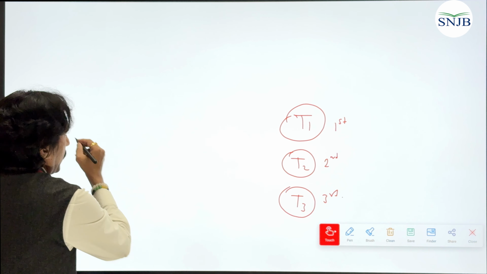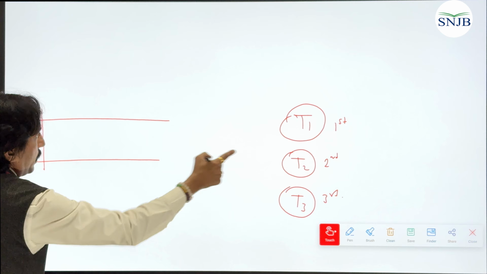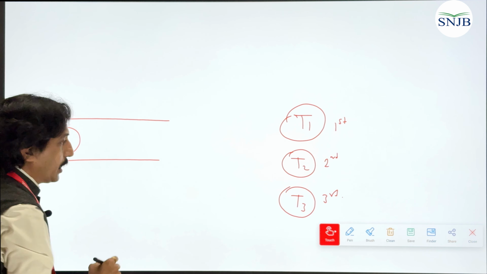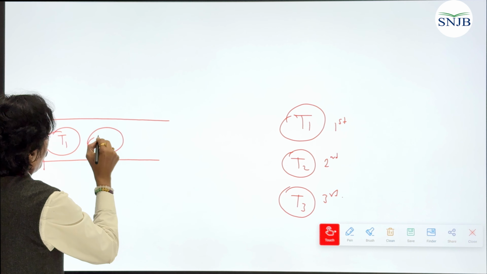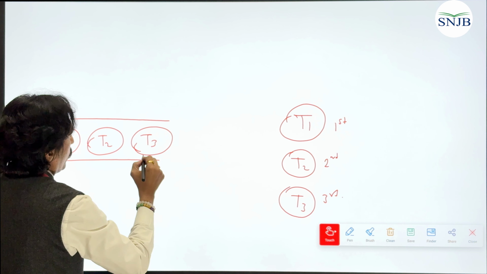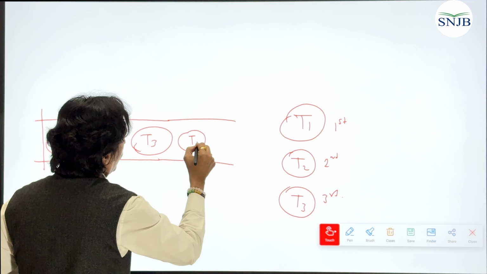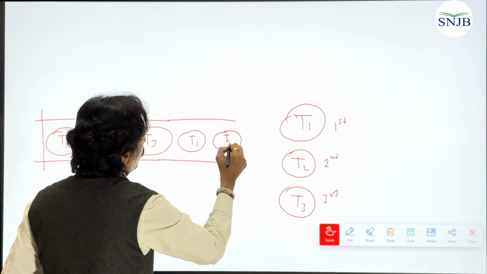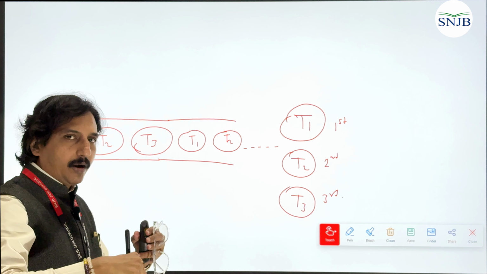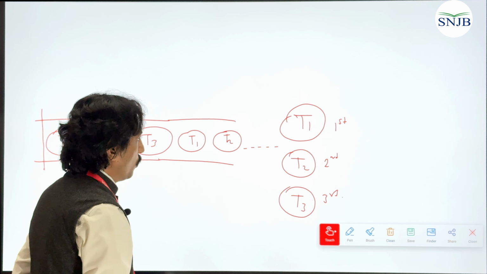The scheduler loads the first index task, that is task 1, executes it, then loads task 2, executes it, then loads task 3, executes it, and then again loads task 1, then task 2, and so on. So round robin means one after another, one after another.